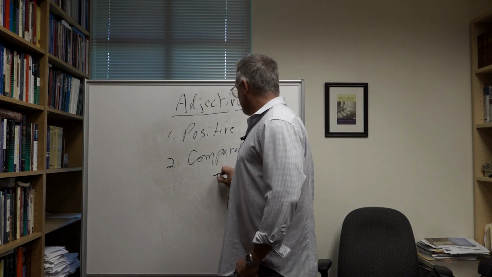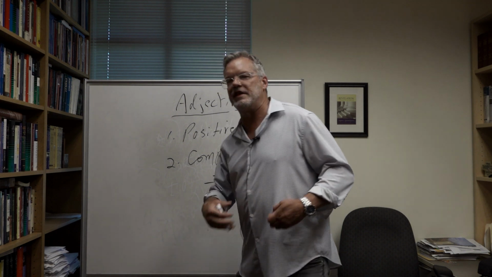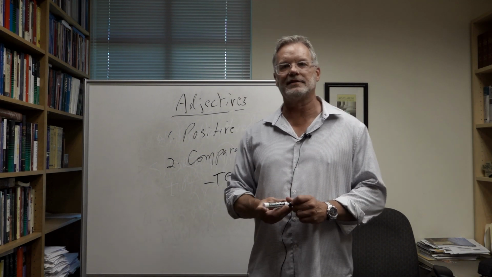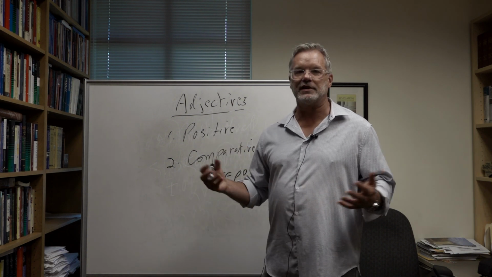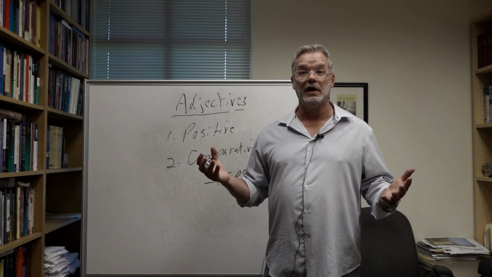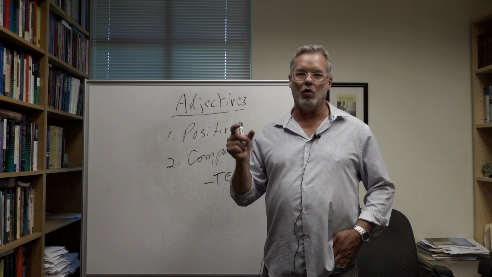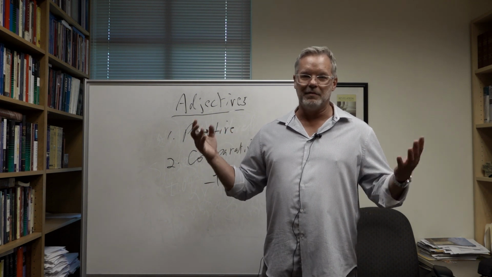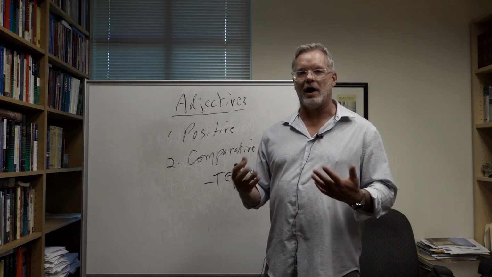Usually, although this is not always the case, often the positive just takes the normal endings that you learned with adjectives and nouns, os, u, o, on, oi, on, ois, us. Remember those endings? The comparative often will take teros.